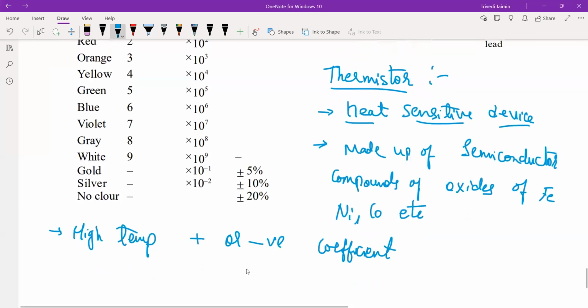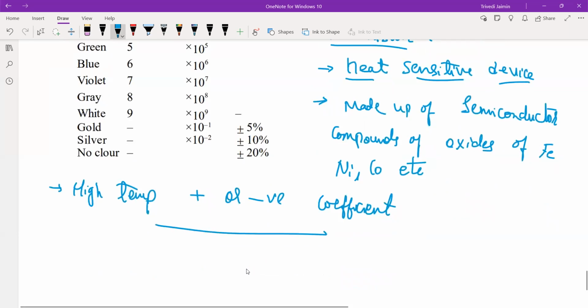Now, what is temperature coefficient if you remember? Let me tell you. Just let me show you a graph. Resistivity and temperature. Even you can Google it, it is there in your book also.